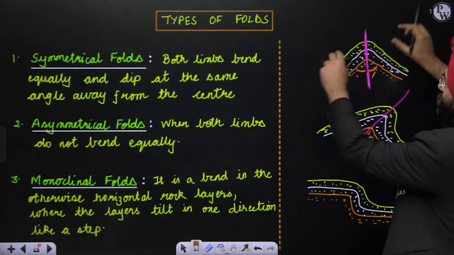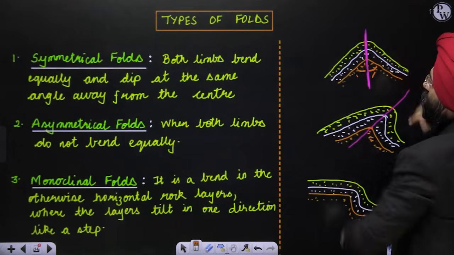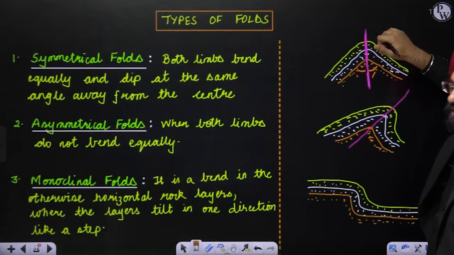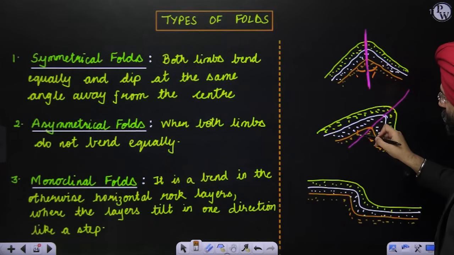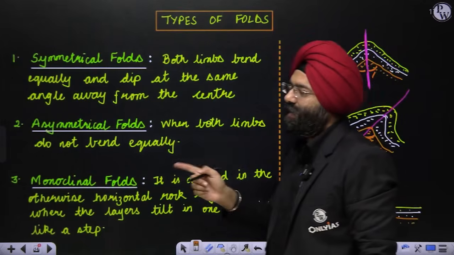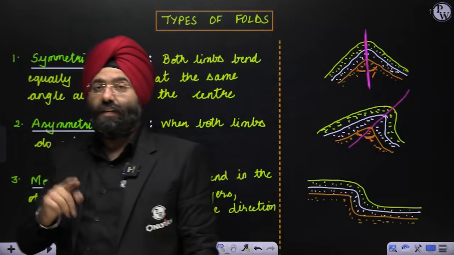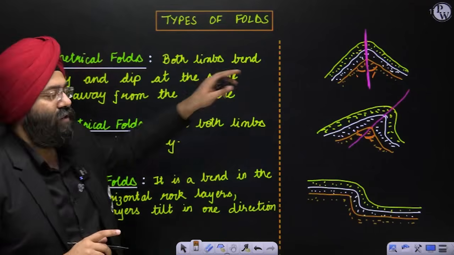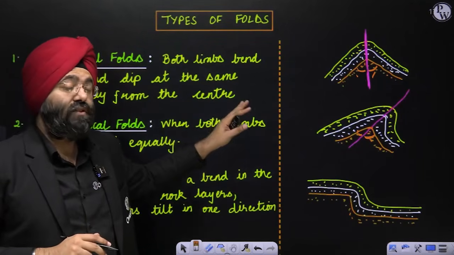So that means this is known as a symmetric fold. If this angle is not the same, it will be asymmetric. Over here, this angle is different from this angle. So when both limbs are not bent equally, then it is asymmetrical. If they are bent equally with a similar angle, then it is known as a symmetric fold.